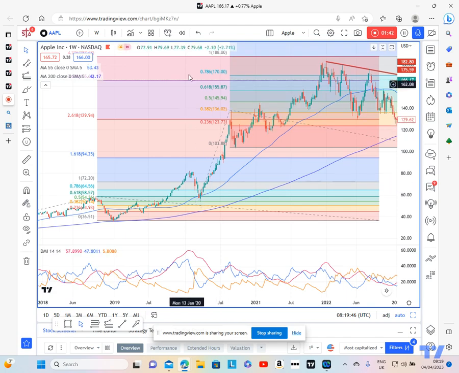And as you can see, I've got an upside target there of 187.68. What I've also done is an extension from the low in March 2020 to the peak in August 2020 and taken that from a low of about 103, 104. And that also comes in at 188.